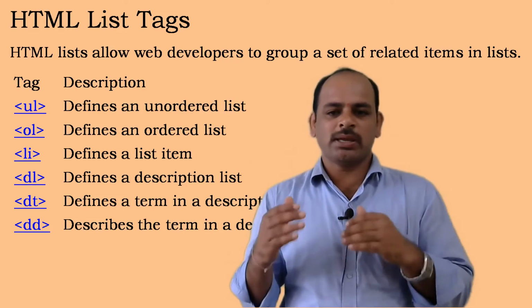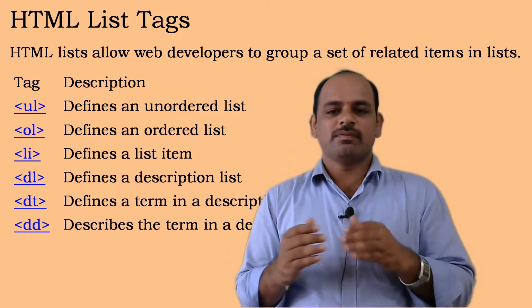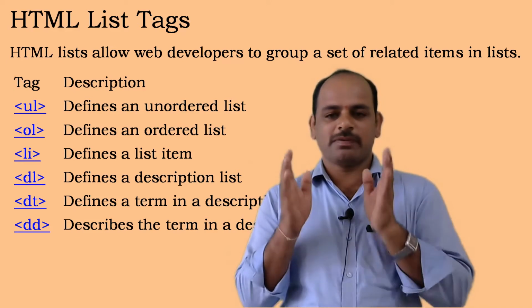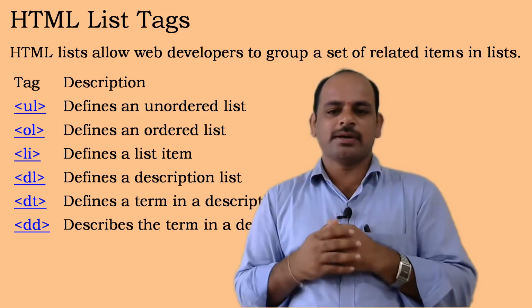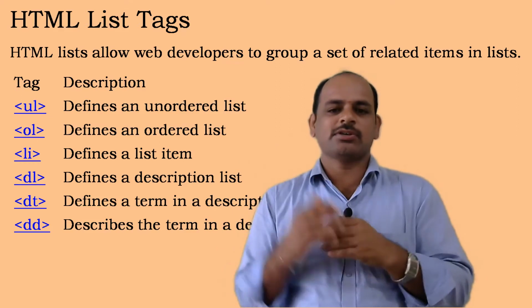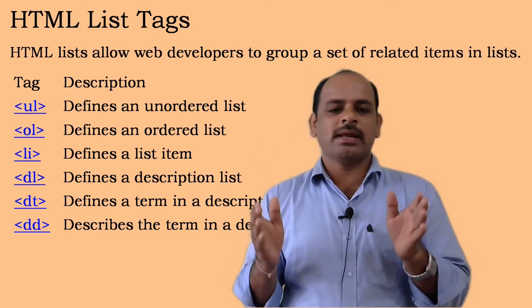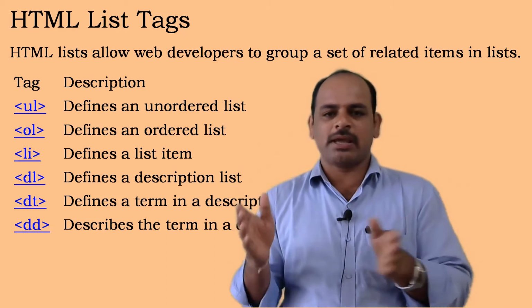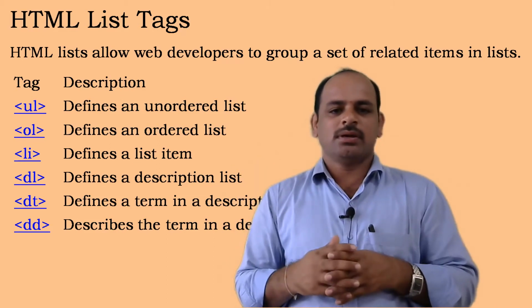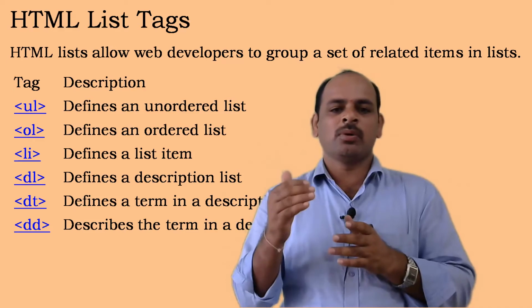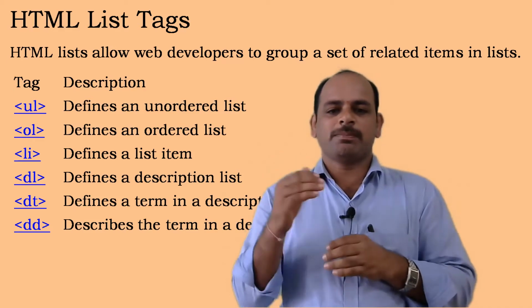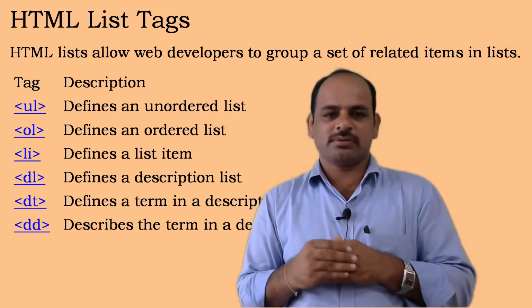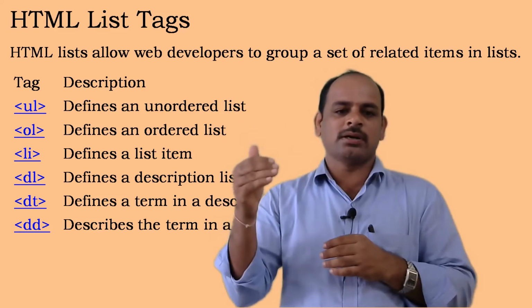OL is another tag, for displaying the list in an ordered, sorted way. Next, LI defines a list item. LI is the basic tag for the list, and UL and OL represent the type of list, whether ordered or unordered.